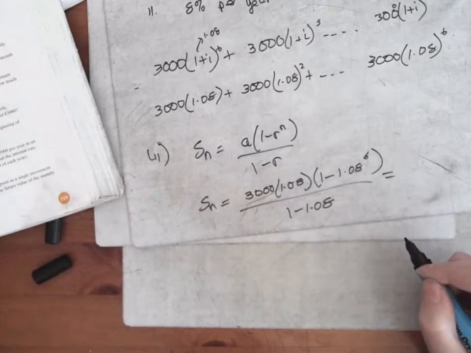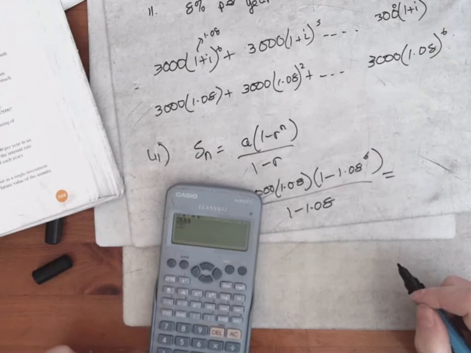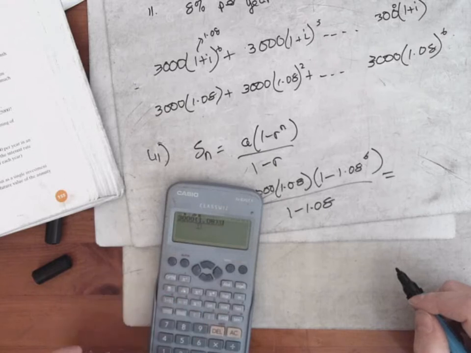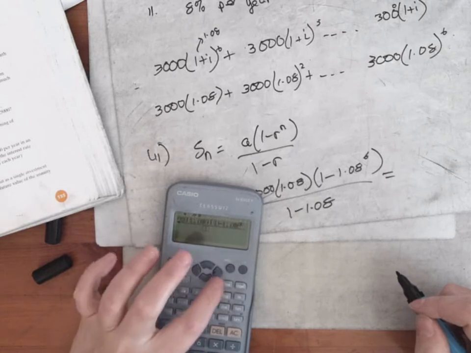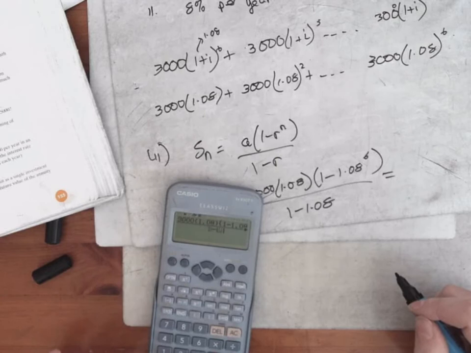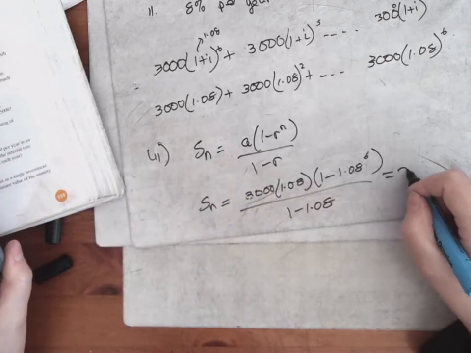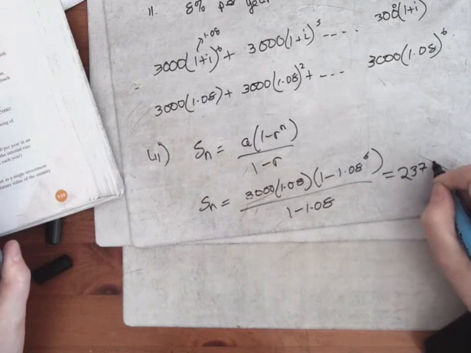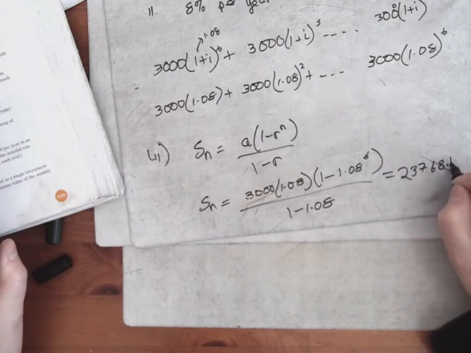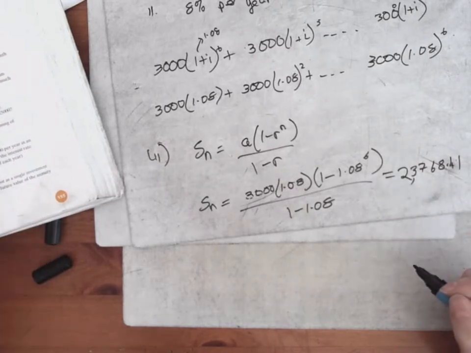Working that out, we have 3,000 multiplied by 1.08 multiplied by 1 minus 1.08 to the power of 6, close bracket, all over 1 minus 1.08 equals 23,768 and 41 cents. Okay, so that's how much she's going to have in the future, right?